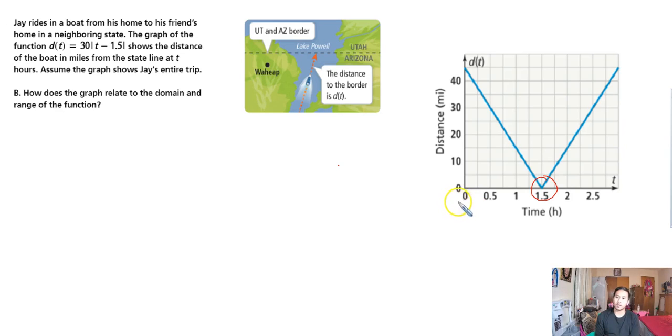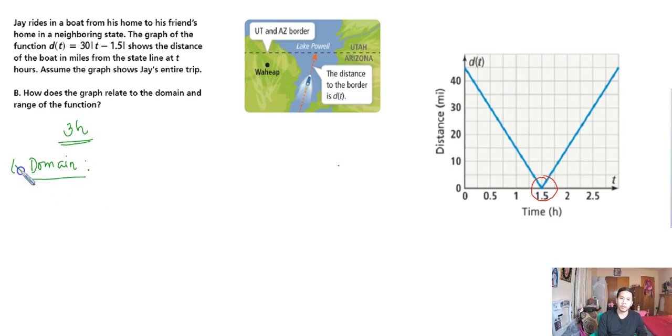Since Jay's entire trip is 3 hours, the domain of the function is based on that, because Jay traveled for 3 hours. So the domain, I'll just write it here. I know that you already know how to write compound inequalities.